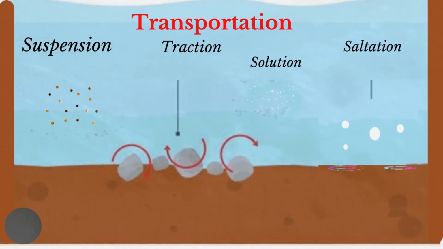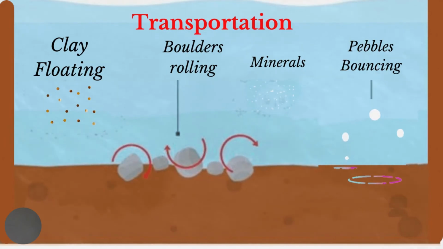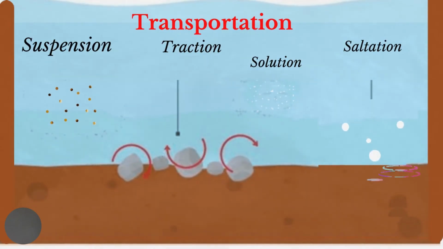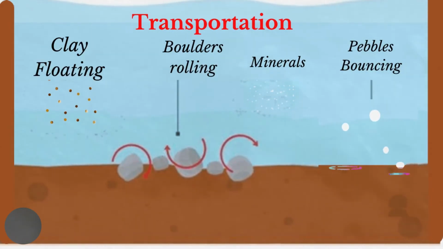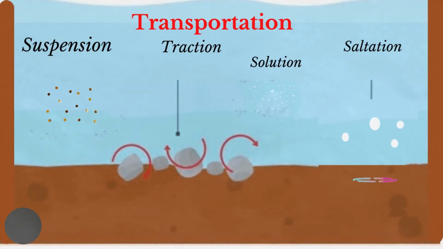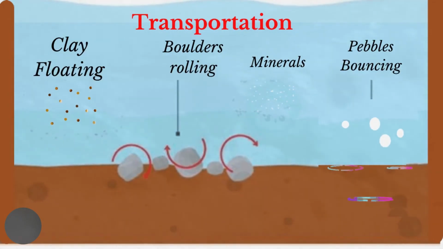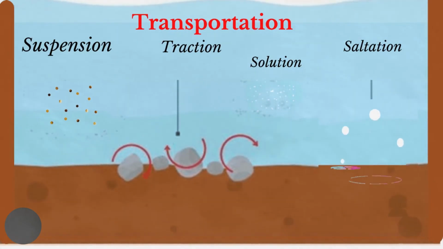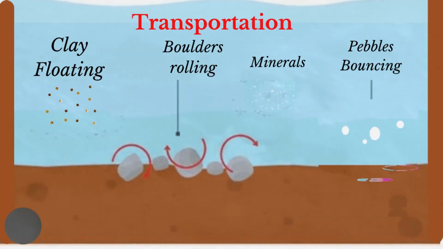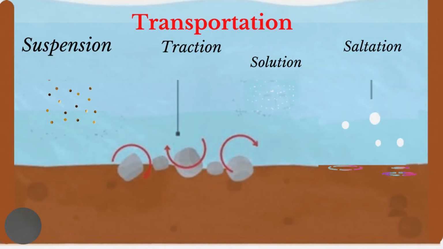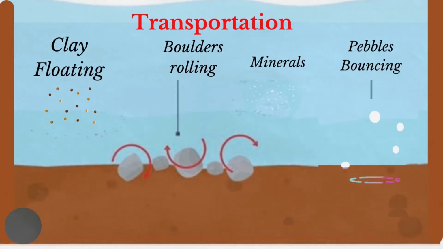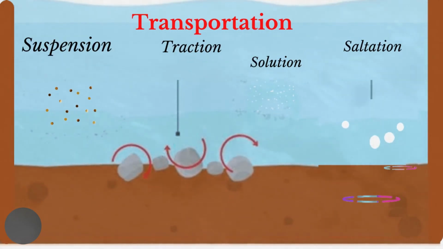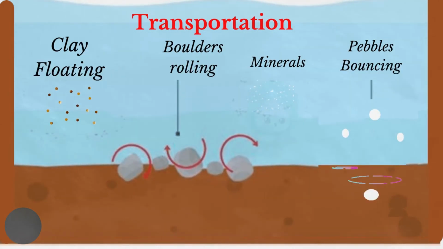With boulder-sized sediments, the river is unable to lift them because they are so large. But where there is a large enough discharge, or where the volume of the water is large enough, the force of the water can push these boulders, and therefore they will roll along the riverbed.